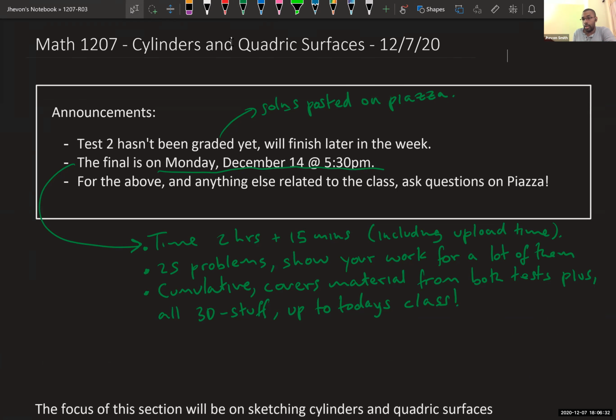Especially at this point, finals week is crazy for everybody. I'm going to get tons of emails all over the place, and I don't want to miss anything. So I would only say you should email me if there's something very personal to your situation that you want me to deal with. But anything that's a question about the class or the material, I would post it on Piazza. You can do this anonymously if you want, but there's actually no reason to do that.